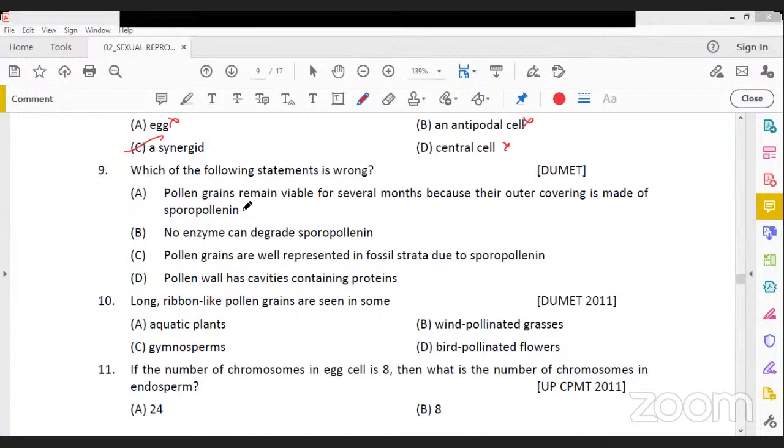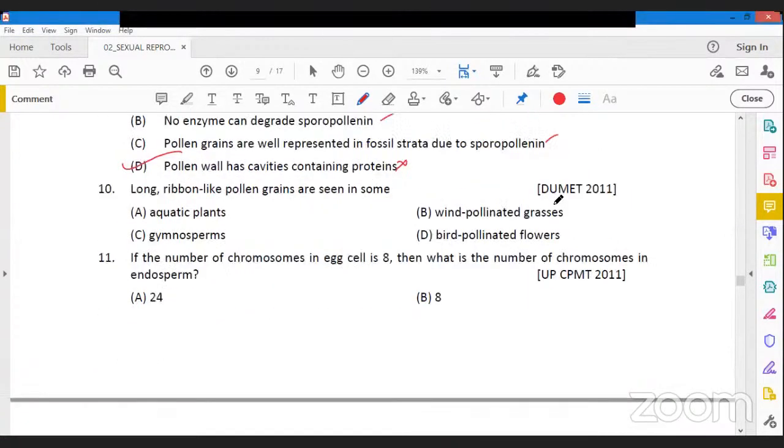True. No enzyme can degrade sporopollenin. Correct, that is true. Pollen grains are well represented in fossil strata due to sporopollenin. True. Pollen wall cavities contain proteins. Wrong. So D is the correct answer. Pollen wall cavities containing proteins is absolutely wrong. Those cavities will not contain anything; it is the germ pore.